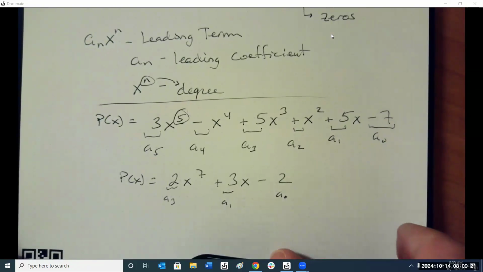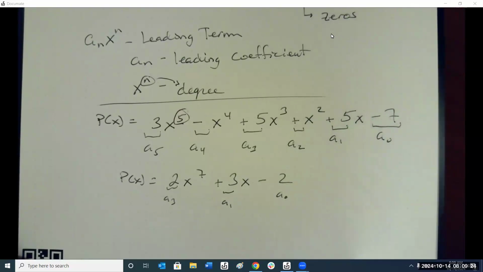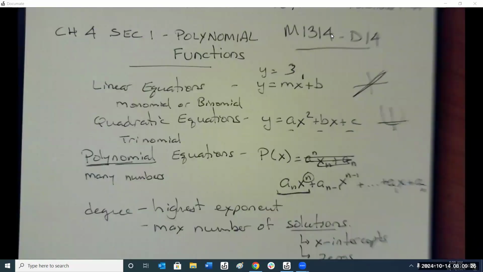Now, when we get ready to graph these polynomials of degree n, we're going to have to notice certain pieces of the function.